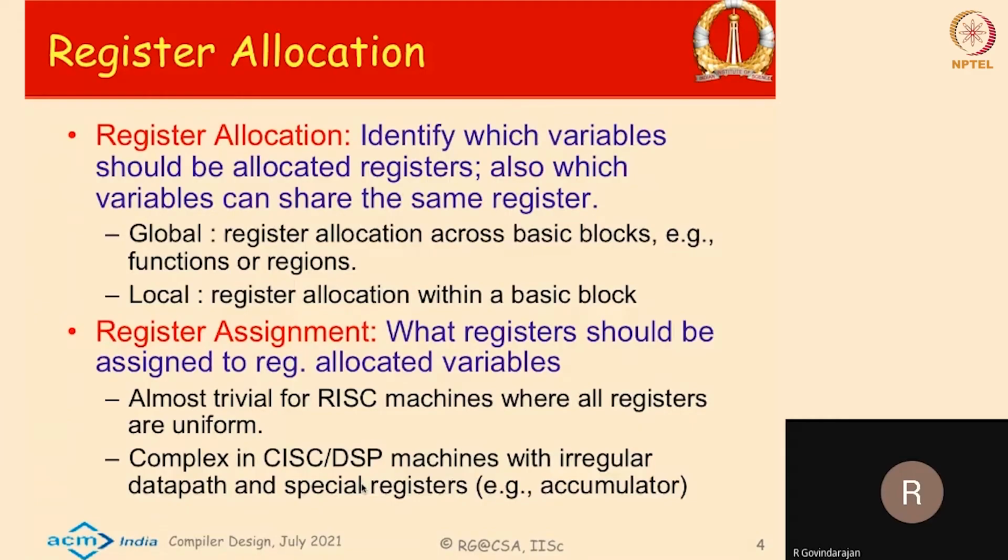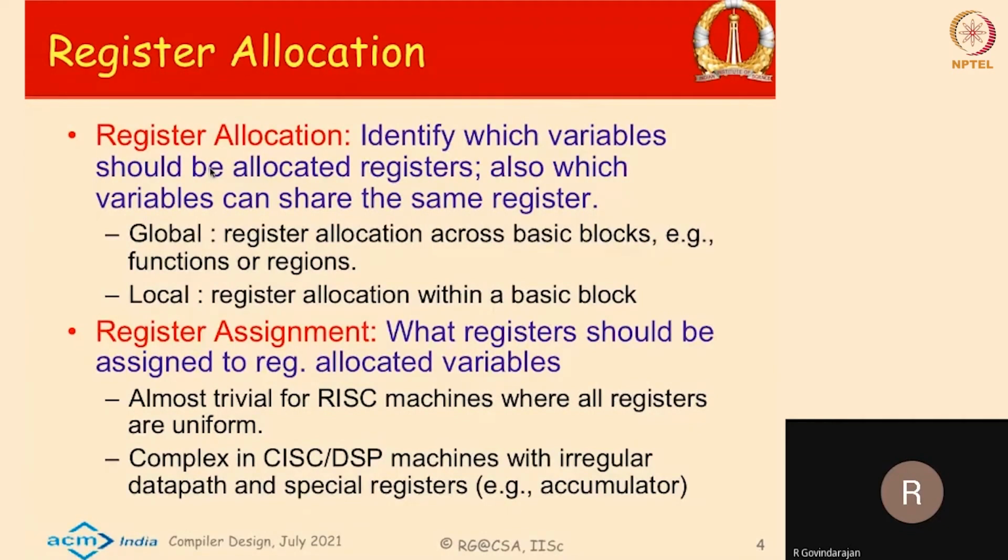In this talk, we will not talk so much about the assignment problem. We will actually assume that all registers are homogeneous, and then once you decide they have to reside in some registers, you can use any one of the registers. So we are essentially going to focus only on the register allocation problem, finding out which variables should reside in registers and which variables should reside in memory.